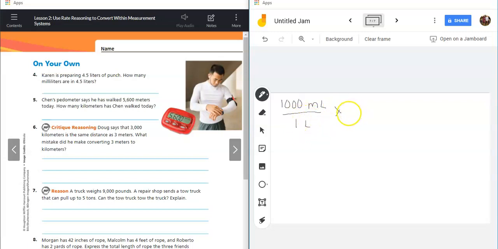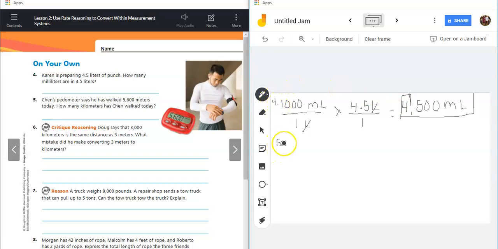Since I put liter down here, I'm going to put liter up here. So we have 4.5 over 1. My liters cancel out. And so I'm just going to do 1,000 times 4.5. And when I do that, I get 4,500 milliliters. It is very important that we are labeling our answer.